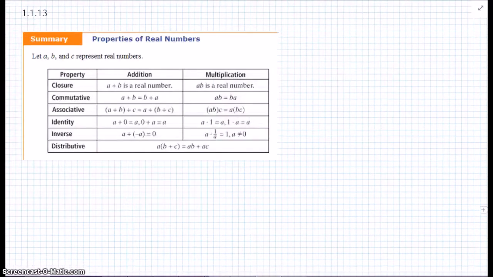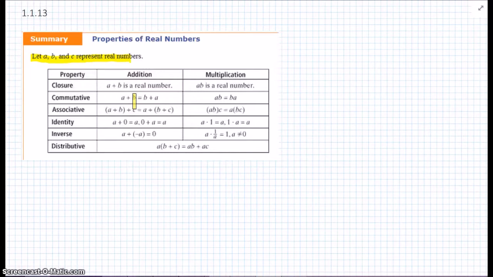Okay, going on. Let's just go over some of the brief properties of real numbers. Okay, the property of closures is A plus B is a real number. A times B is a real number. Okay, so you see up here it says let A, B, and C represent real numbers.